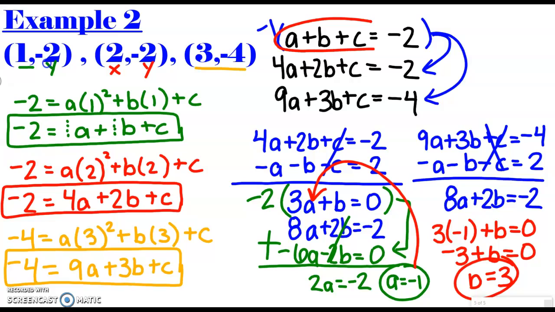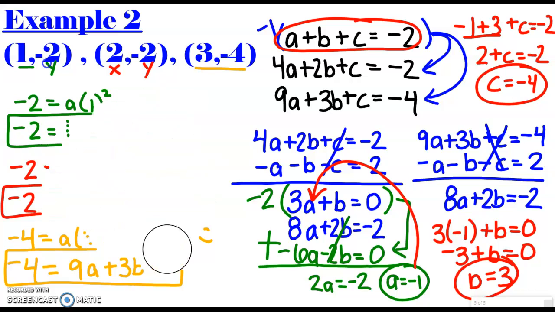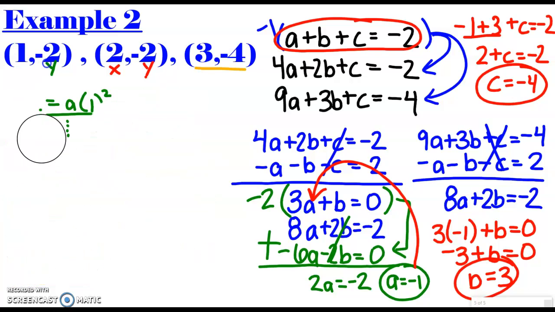Now that I know a and b, I can plug those in to find c. So I'm going to go with this pretty top one. So a is negative 1 plus b is 3 plus c equals negative 2. So combine like terms, 2 plus c equals negative 2. Subtract 2, we get negative 4. So I know my a, my b, and my c. So now I just substitute those back into standard form.